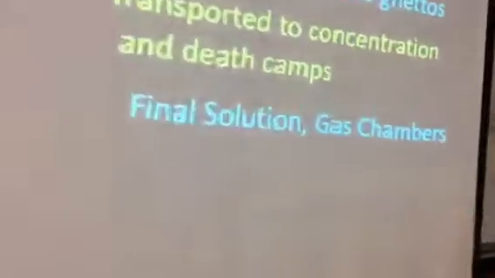So final solution, gas chambers. And why gas chambers, period 2, as we're writing? To not use bullets. To not waste ammunition for the war. Are you able to kill as many people?